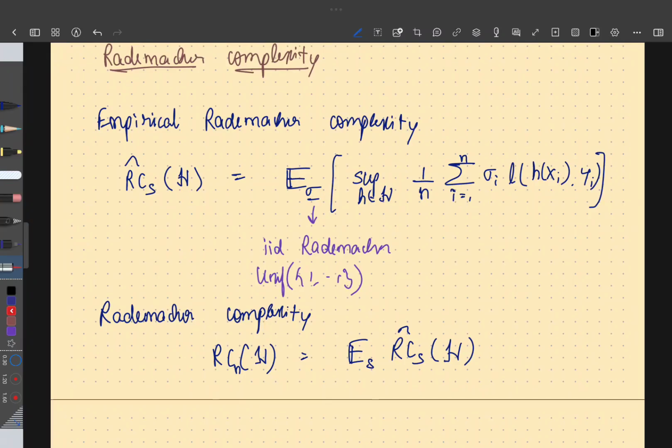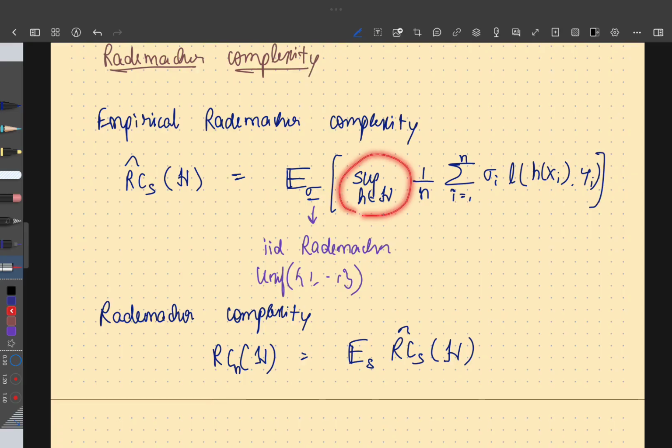Does it depend on n? The Rademacher complexity does depend on n, right? It does, because you're only taking expectation over xi, yi. Now, if you did not have this particular supremum over here, then I agree this does not depend on n.